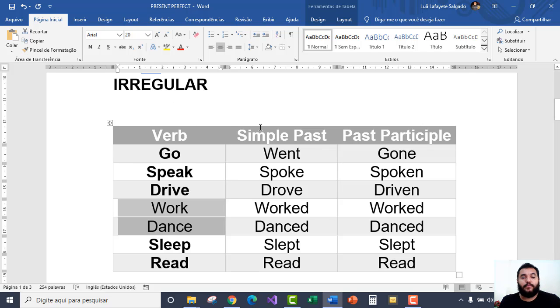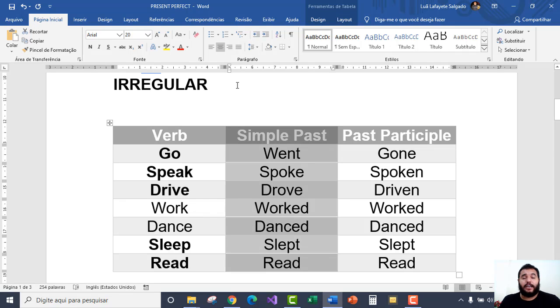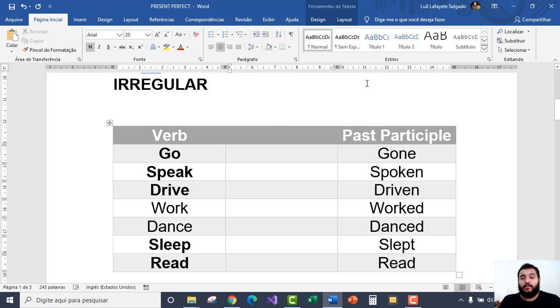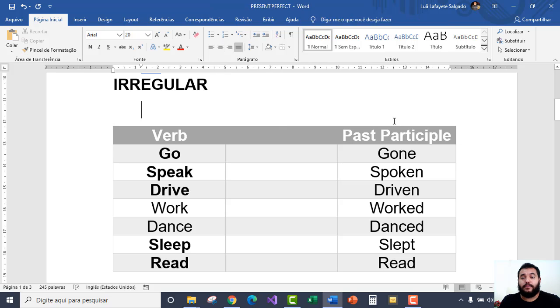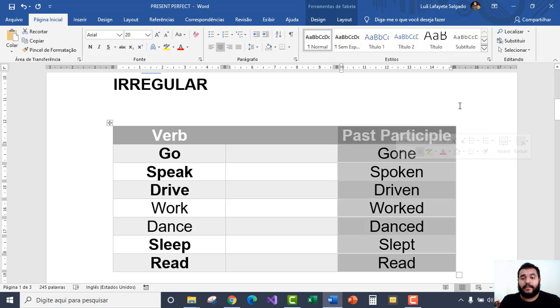Look at this. When we're talking about the simple past, the verb has this kind of change, but now we are not going to use the simple past. We are going to use the past participle, because the past participle expresses sentences using the present perfect.